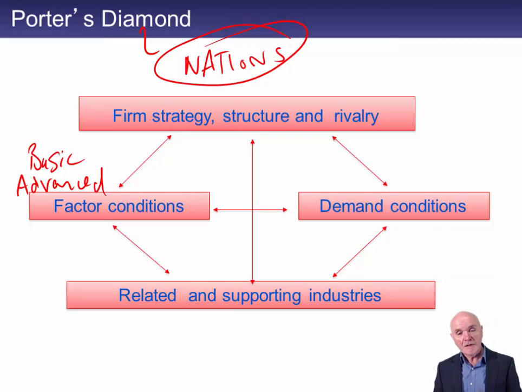Okay, so we have the factor conditions, and then what Porter says is you start off making for your home market. This is the home demand conditions. So, to start off making stuff at home, for example, Scotland is well known for, apart from whiskey, making tweed, thick wool cloth.